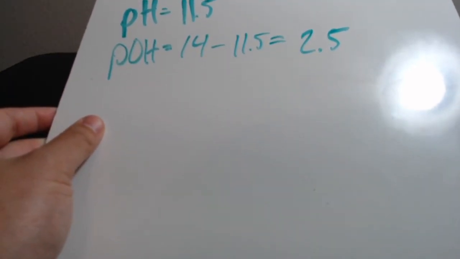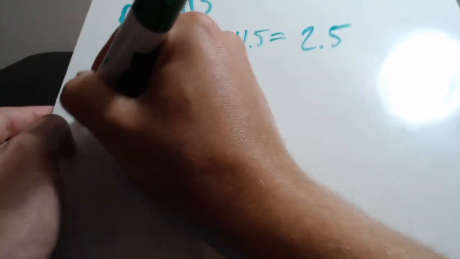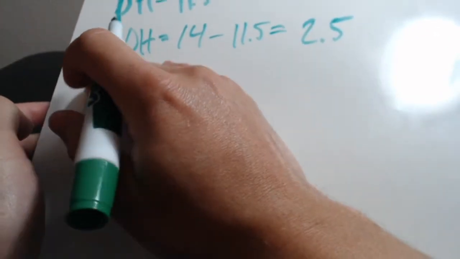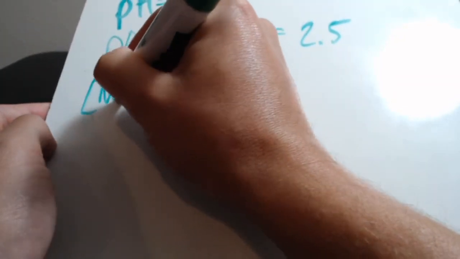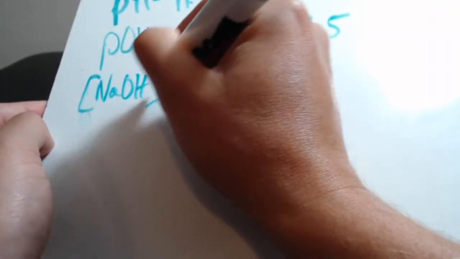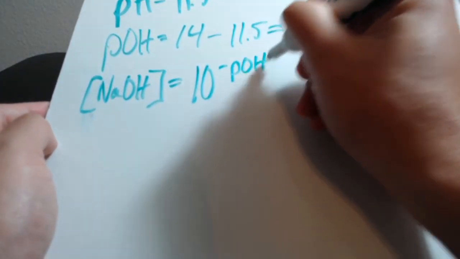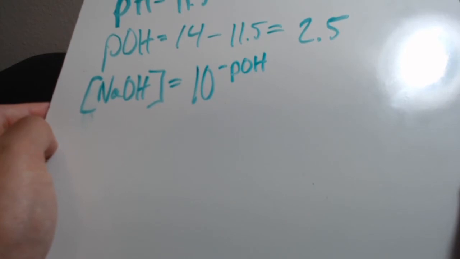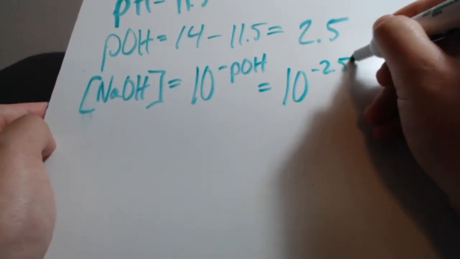All right. Well, now that we have the pOH, we can use it to solve for the concentration of our base. We know that the concentration of a base, in this case sodium hydroxide, is equal to 10 to the negative pOH, right? So that's equal to 10 to the negative 2.5. All right, well, let's get out our calculator.